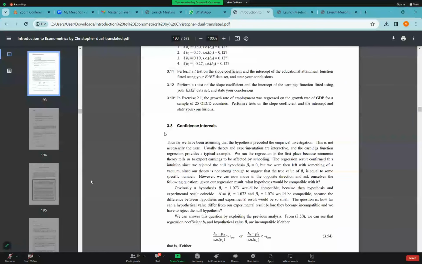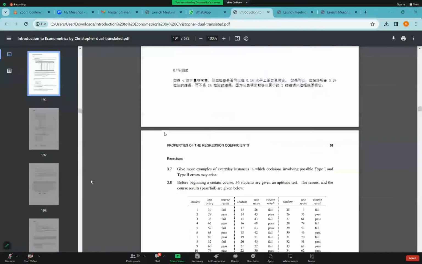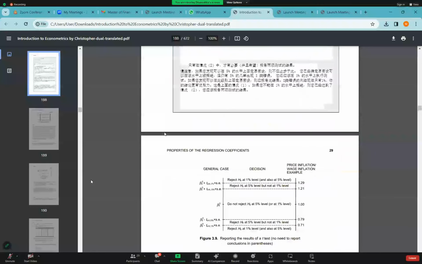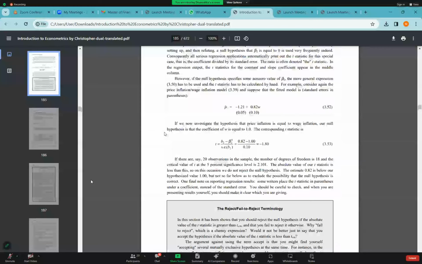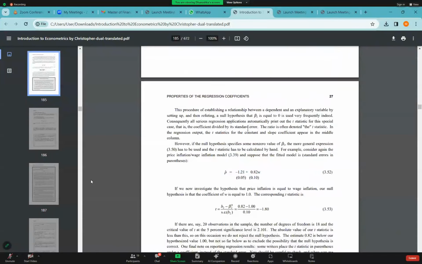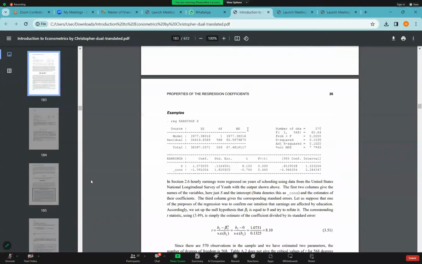We will discuss it in the next session. Then this is the hypothesis testing we discussed today. Then you can read and understand this. Okay.